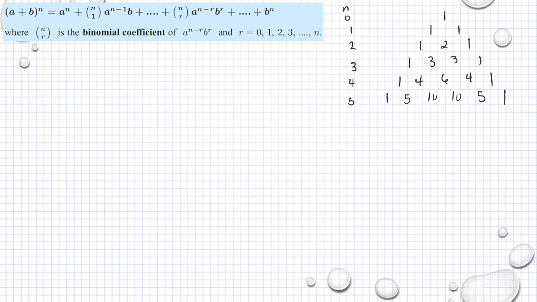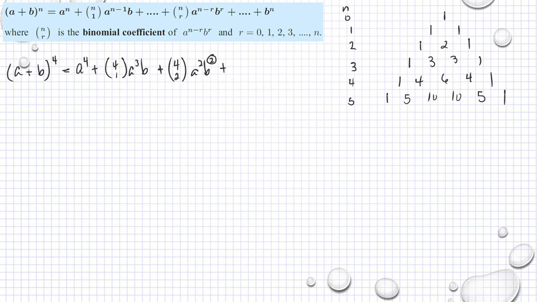Okay? So for example, let's say (a + b) raised to 4. Then we have a raised to 4 plus 4 taken 1, a raised to 3, b, plus 4 taken 2, a raised to 2, b raised to 2, plus, because it is n minus 2 now, and then our r is 2.